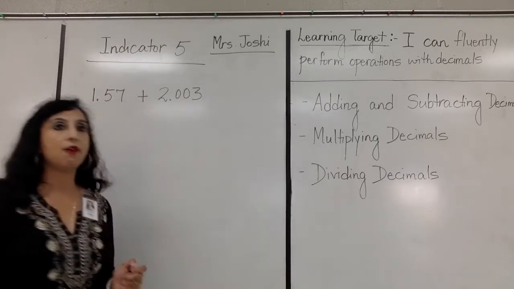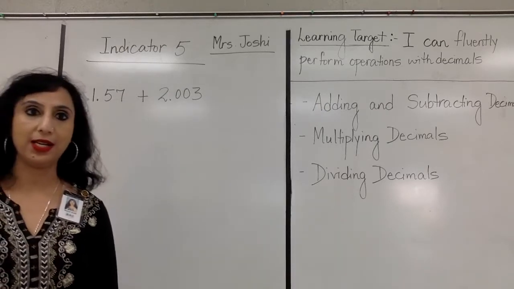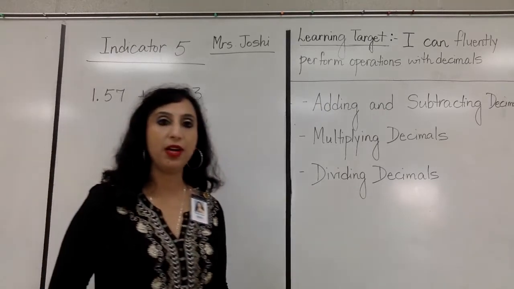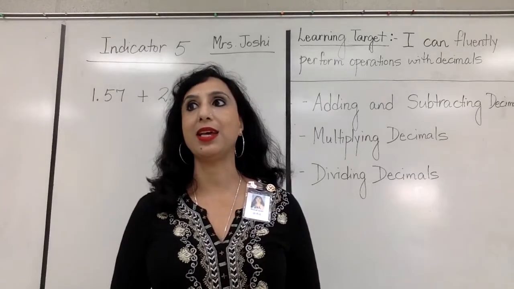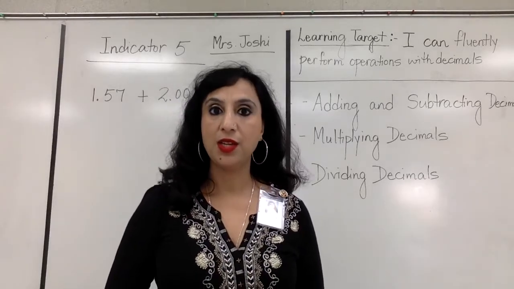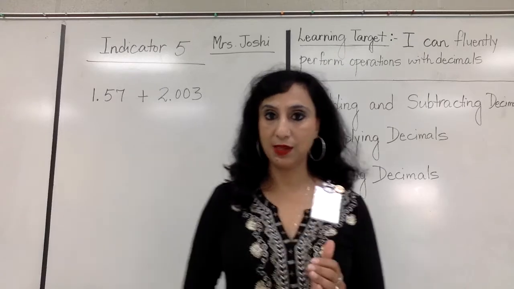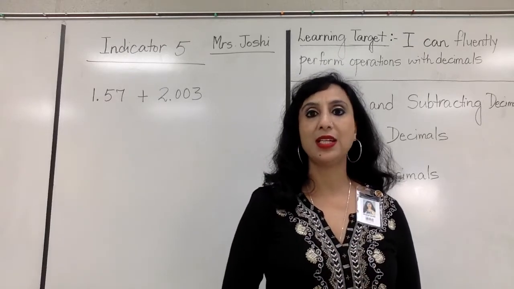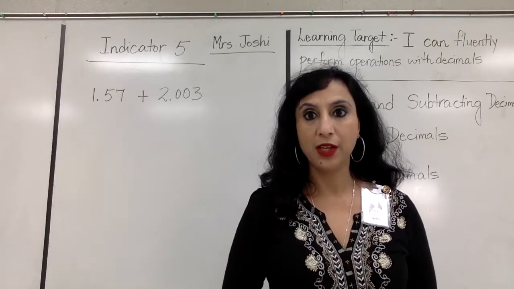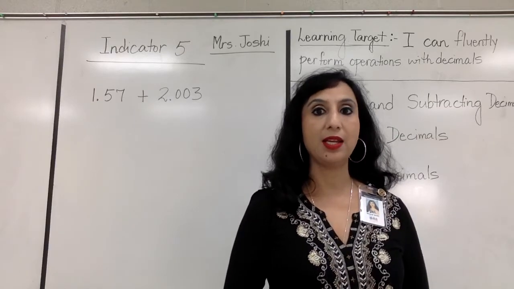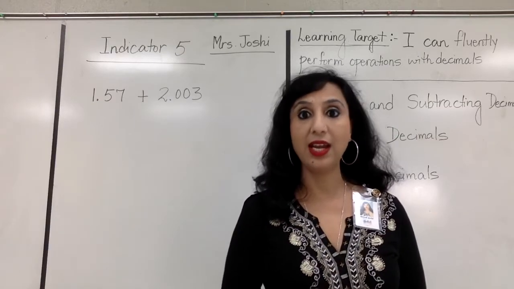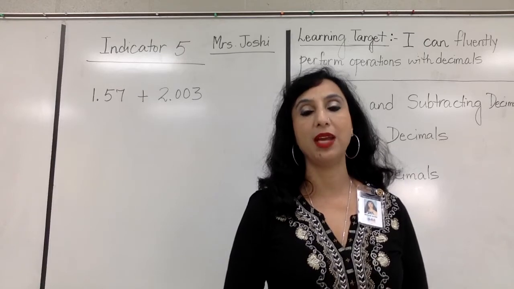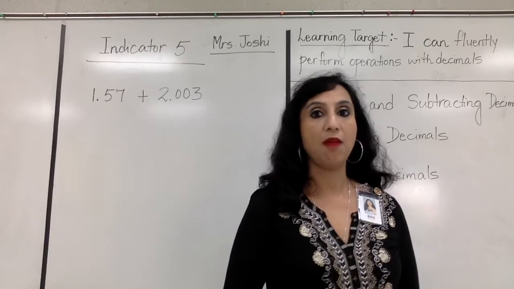Now, for adding and subtracting decimals, a very, very important thing to remember is that you have got to align the decimals. So always put it in a column format, so it is simple and easy to calculate, and you are not making mathematical errors.